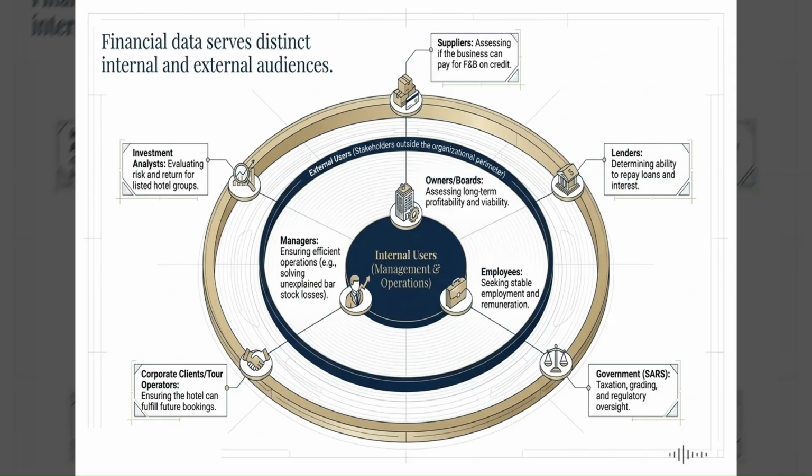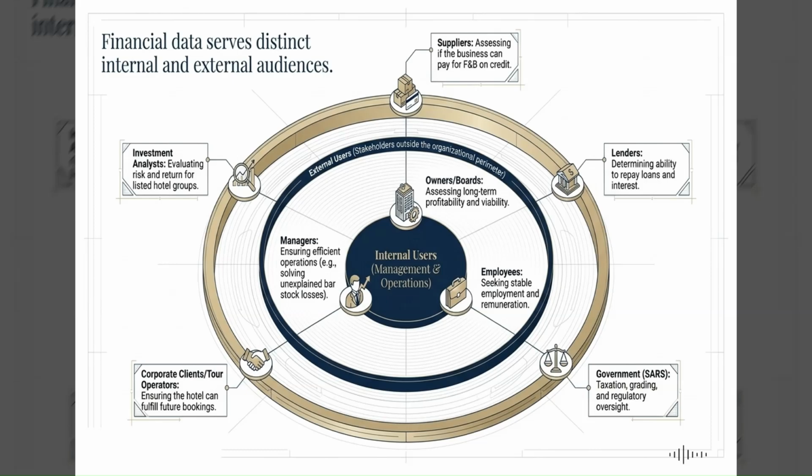Employees have a stake as well, and students routinely forget this one. Employees want to know whether their employer can continue to provide stable employment and pay salaries. That is exactly why financial information becomes relevant in wage negotiations and in restructuring discussions.